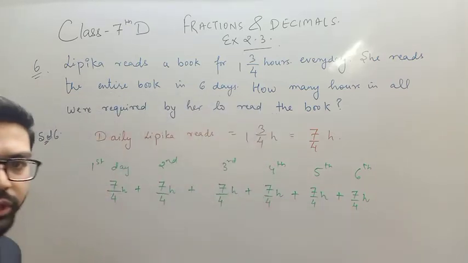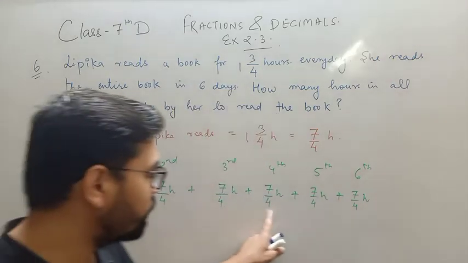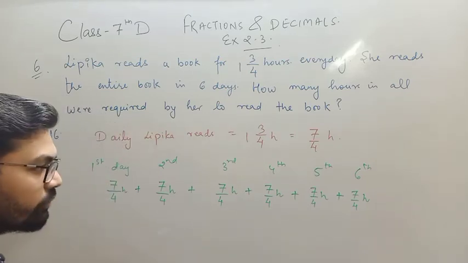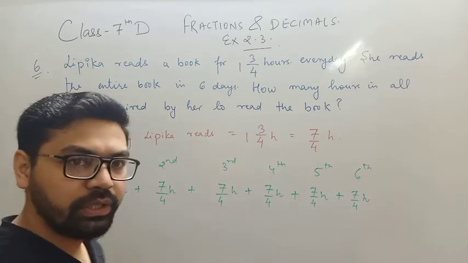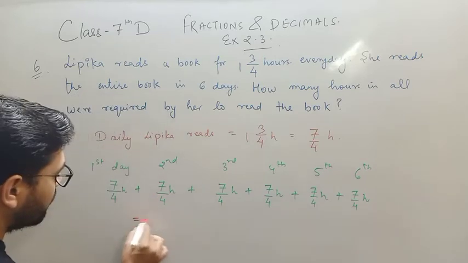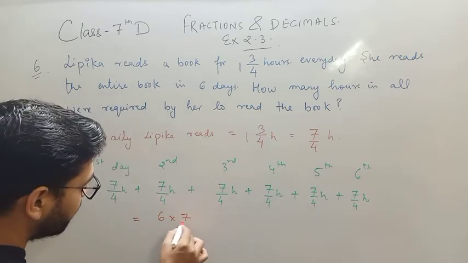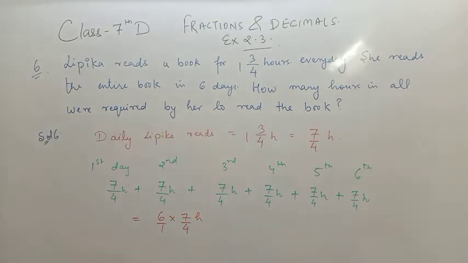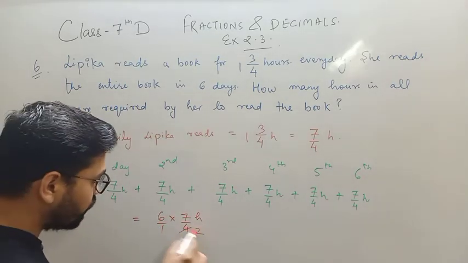How many hours did she take? So 1, 2, 3, 4, 5, 6, or you can simply say that 7/4 is appearing here in this expression 6 times. So you can simply write 6 into 7/4 hours, right? Now 2 2s are 4 and 2 3s are 6.